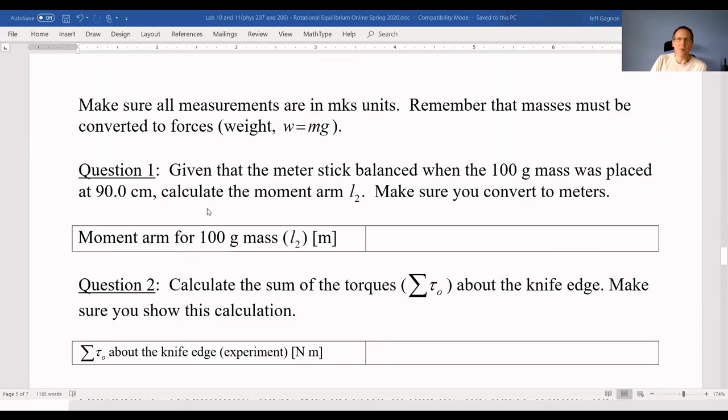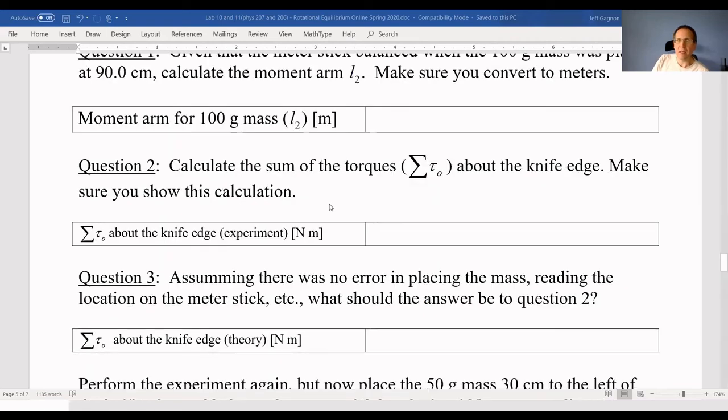So question one was, given that the meter stick balanced when 100 grams was placed at 90.0 centimeters, so that's the location at which it balanced, calculate the moment arm L2. So find that first. And again, it's just going to be the difference. Then calculate the sum of the torques about the knife edge.